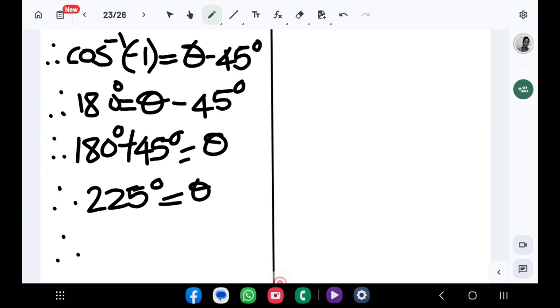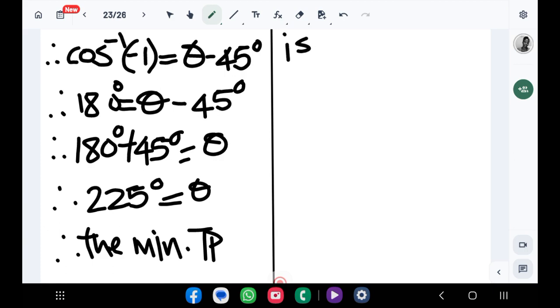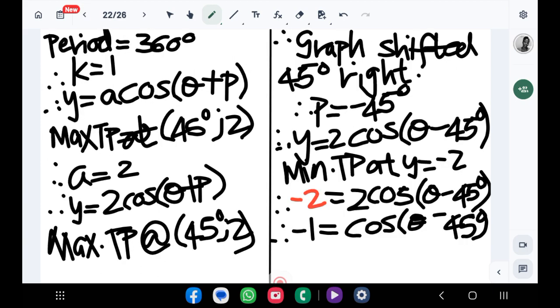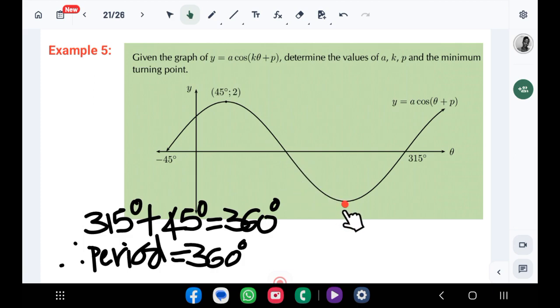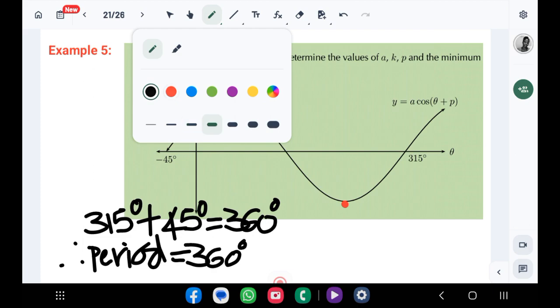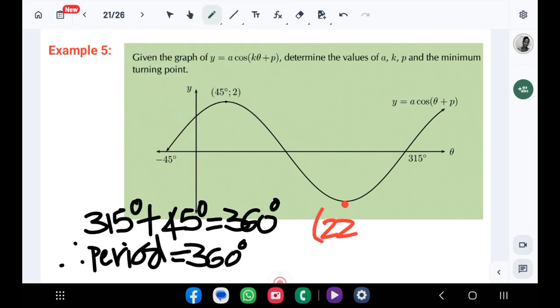So that means the minimum turning point is the point 225 degrees and negative 2. Does it match? Let's check. Of course it does match. 225 is the correct answer here. So that is 225 degrees and negative 2.